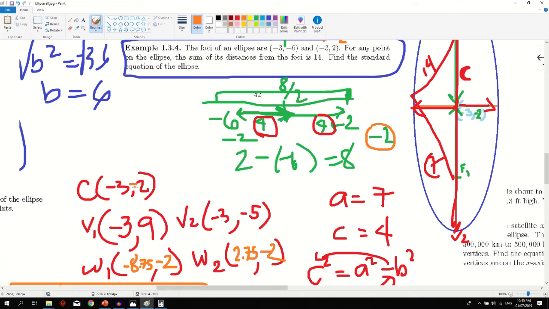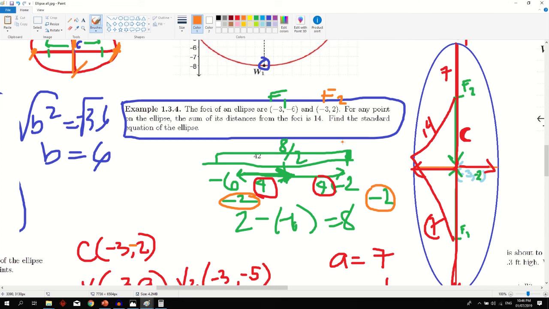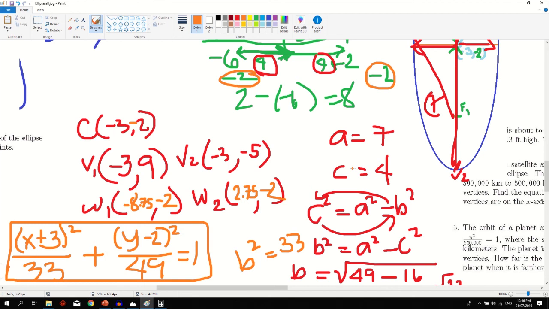Why did I put 2 over there? Damn it. Okay, it's a mistake. Right? It's a mistake. It should be negative 2 over there.